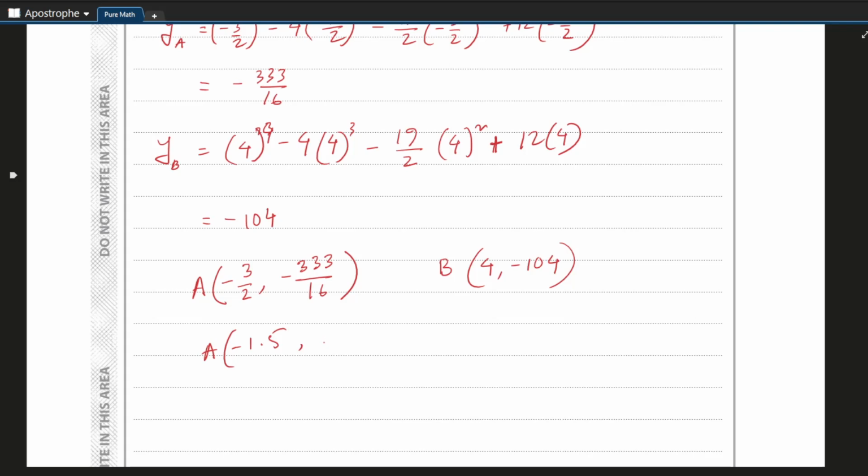This is 20 point something, 20.8125, but I would suggest this one because sometimes in decimal you don't get finite values, it becomes infinite. So I would suggest this one, but if it is a finite value you can always write it, no worries.